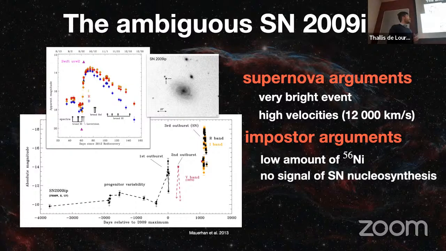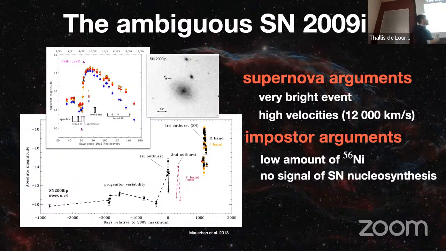It was discovered in 2009 in this first outburst when it reached a magnitude of -14. At that time, people already were discussing whether this was a real supernova or not, because it presented very high velocities, of around 12,000 kilometers per second, which are characteristic of type 2N supernovae.